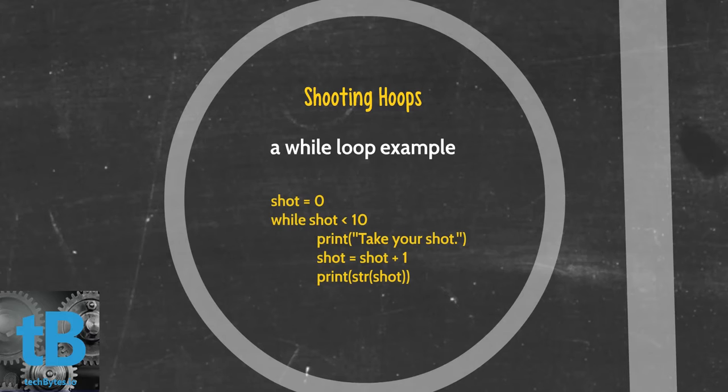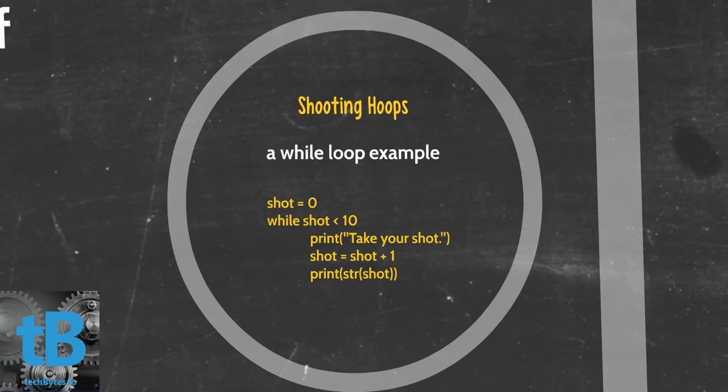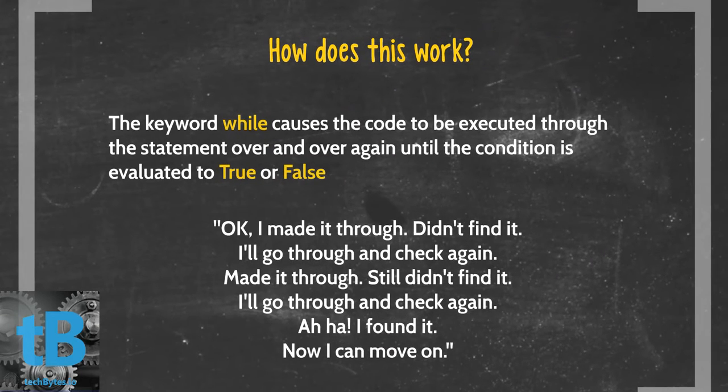The indented portion underneath there is your while clause. How does this work? Well, the keyword while causes the code to be executed over and over again until the condition evaluates to false.